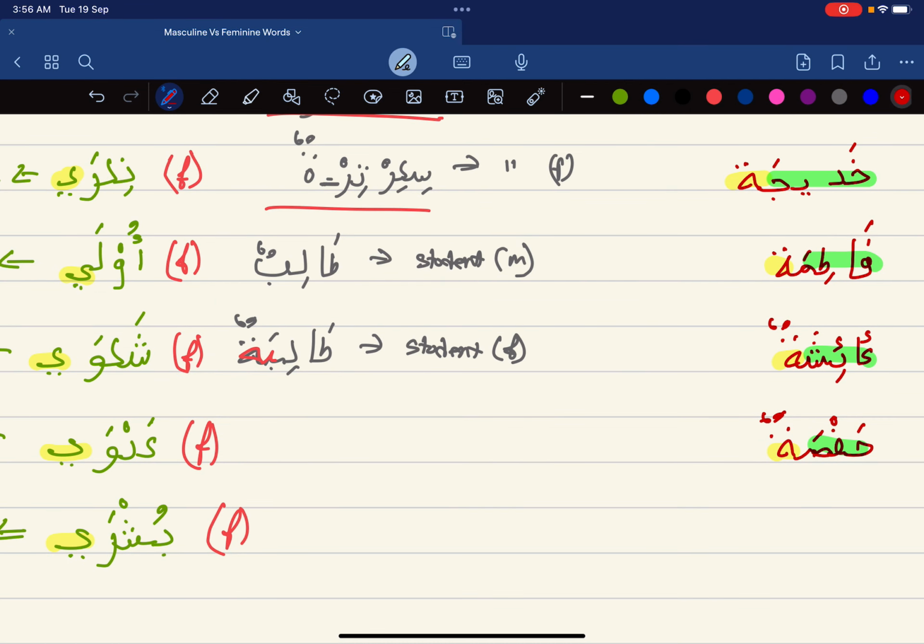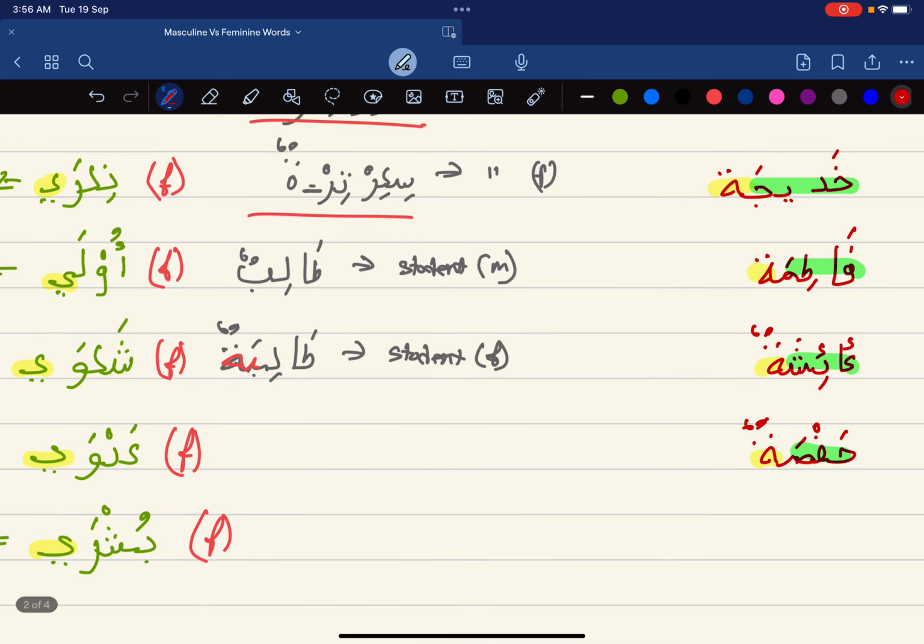And then we have family members like ummun, then we have ukhtun, then we have jaddatun, jadda, grandmother.